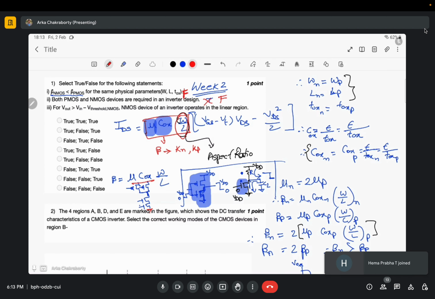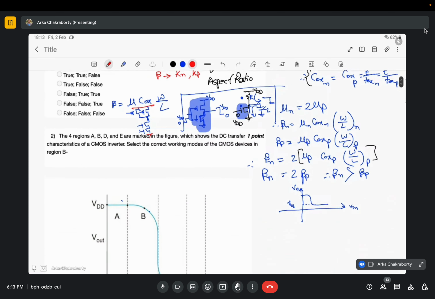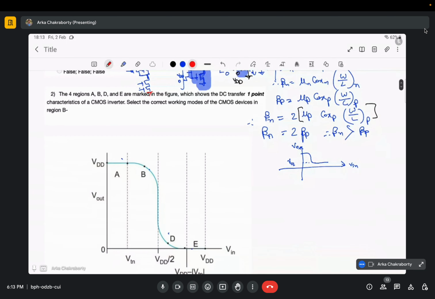So the next statement is: for V output greater than V input minus V threshold for an NMOS device, the inverter operates in the linear region. Now let's see in which region it is actually operating. We have been given an NMOS.